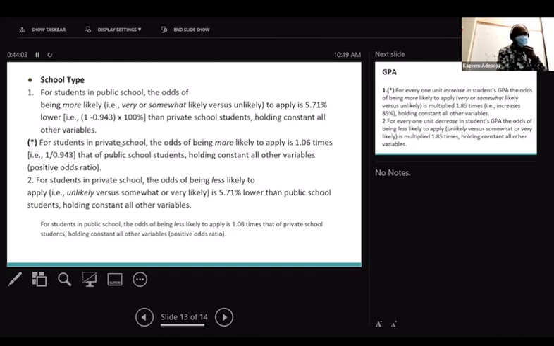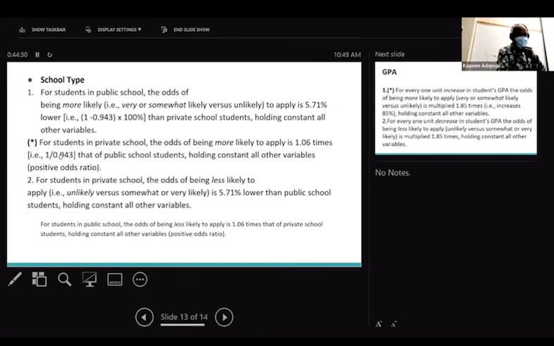And for students in private school, the odds of being more likely to apply is 1.06 times. Why is it going to be more? How do I get 1.06 times? It's 1 divided by 0.943.